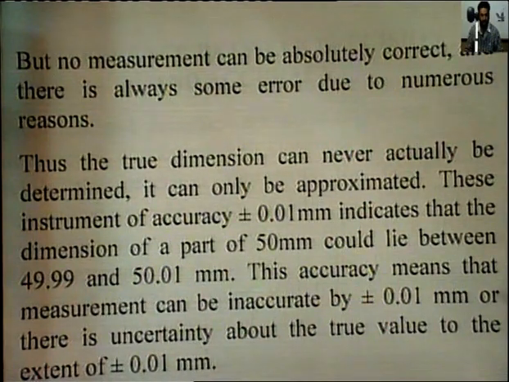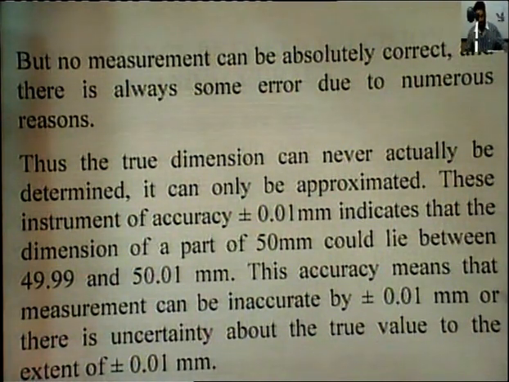An instrument accuracy of plus minus 0.01 mm indicates that the dimension of a part of 50 mm could lie between 49.99 and 50.01 mm. This means that the measurement can be inaccurate by plus minus 0.01 mm, or there is uncertainty about the true value to the extent of plus minus 0.01.